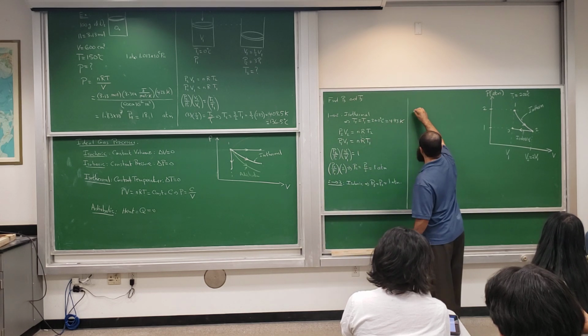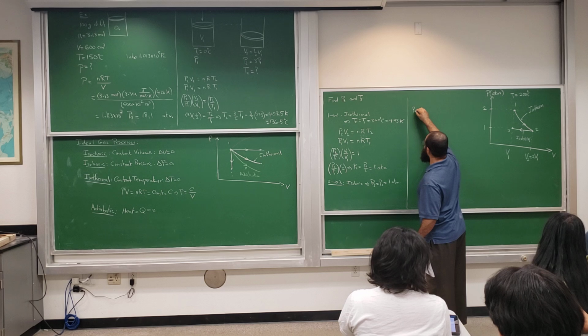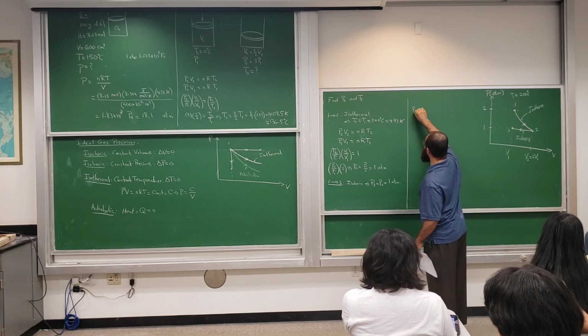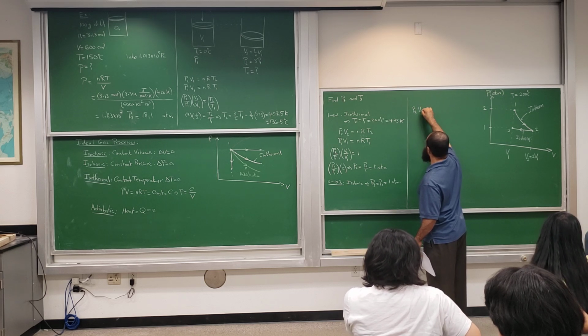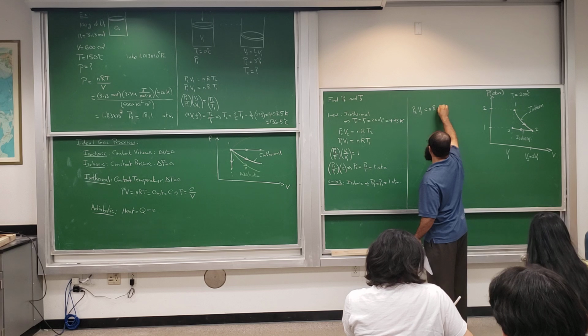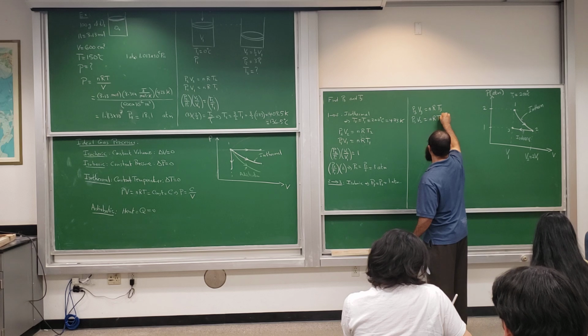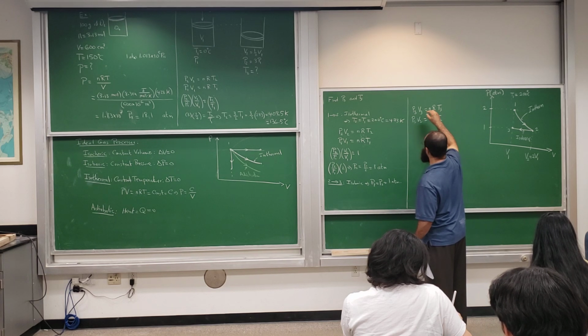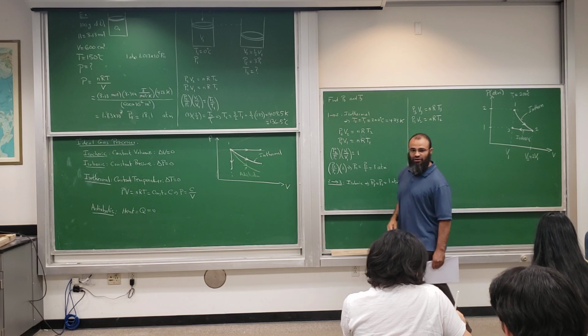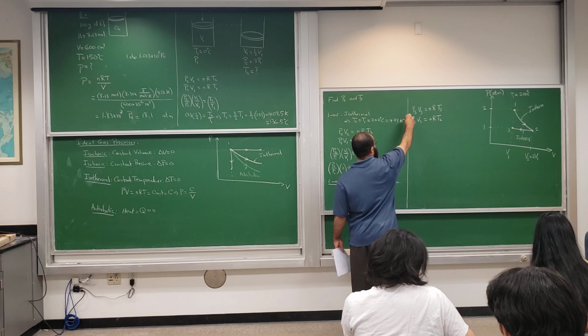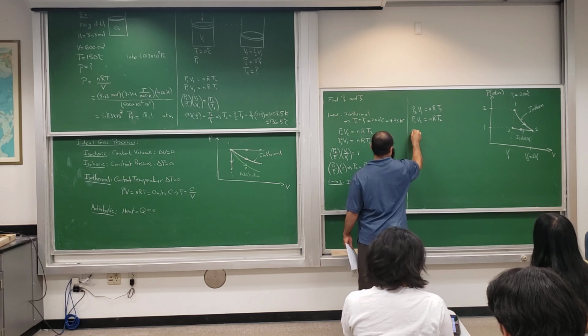Here we got the ideal gas law says P3 V3 equals nRT3, and P2 V2 equals nRT2. Take the ratio, divide the two equations. You would have P3 over P2.